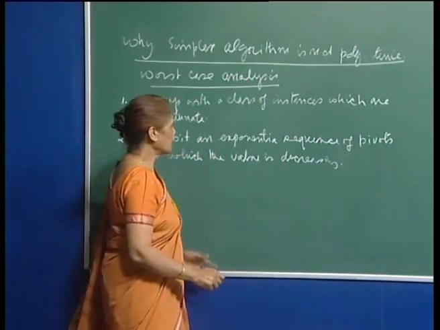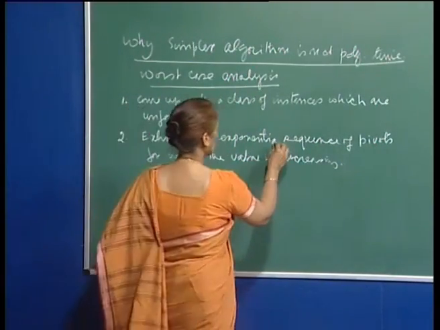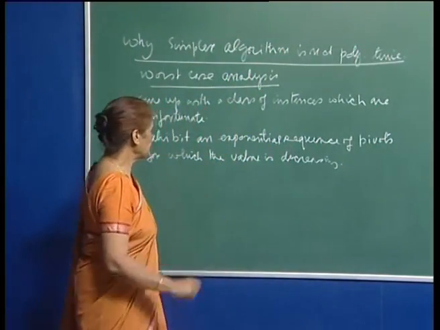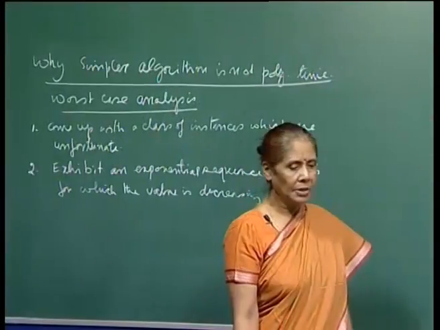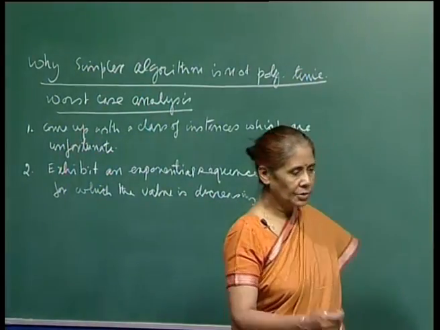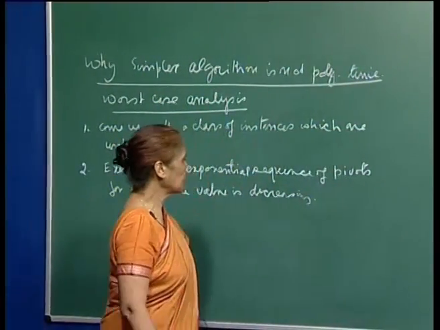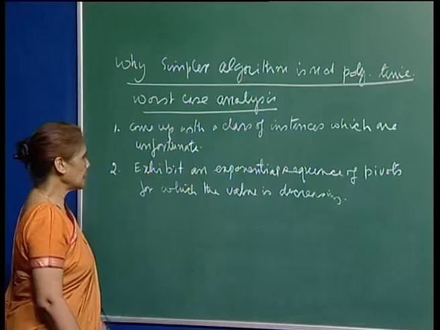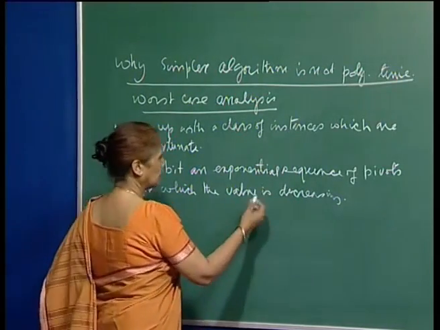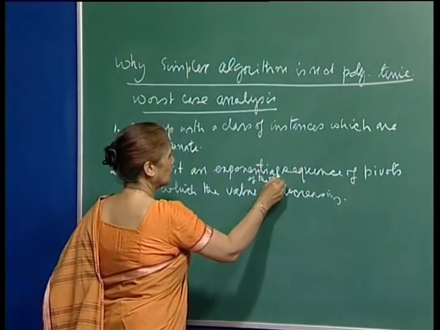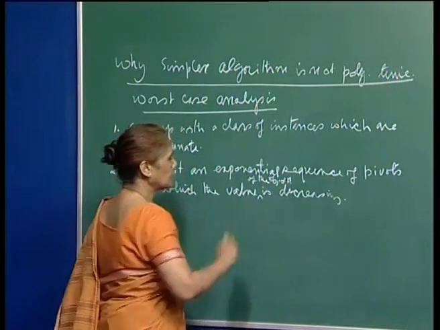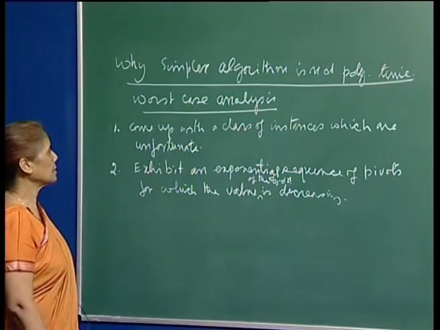So therefore the algorithm will not stop early. An exponential sequence of pivots for which the value is decreasing in the minimization case, and in the maximization case it will be a long sequence of pivots for which the value of the objective function keeps increasing.